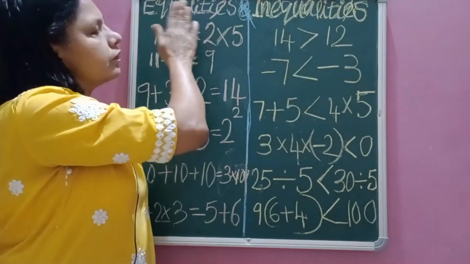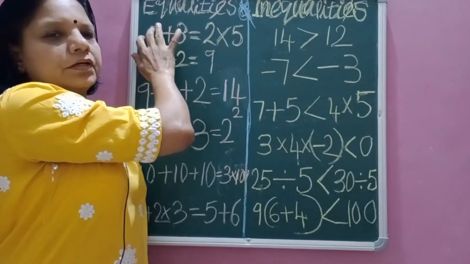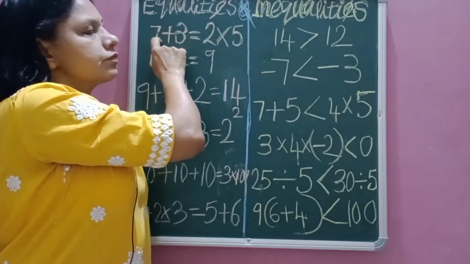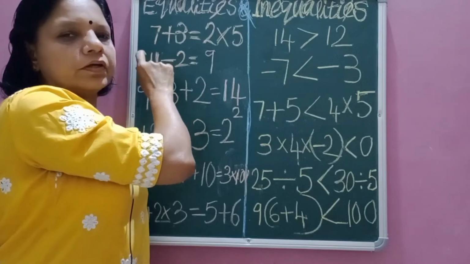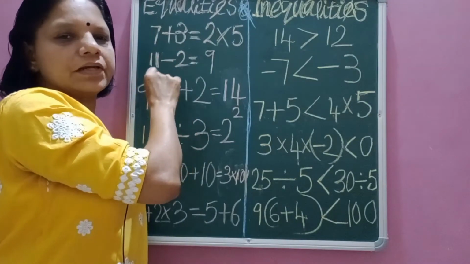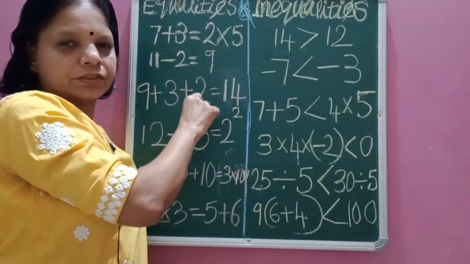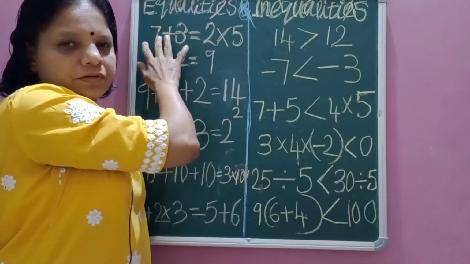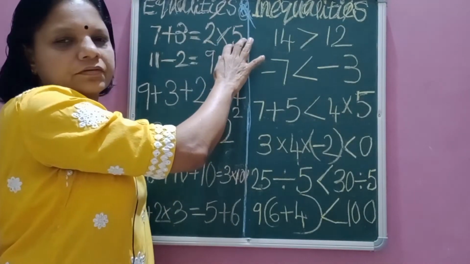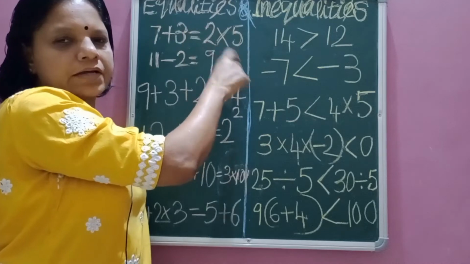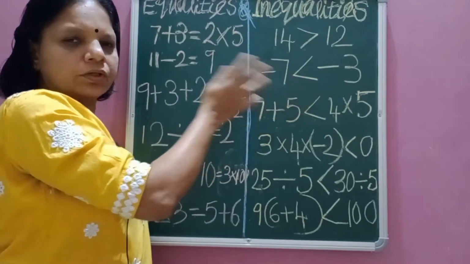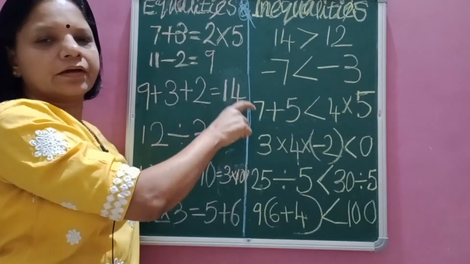Here, the first expression is called, for convenience, the left hand side expression. This is to the left side and this is to the right side, so right hand side expression. In short we will say LHS and RHS.